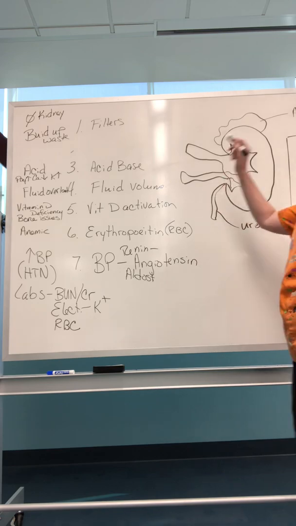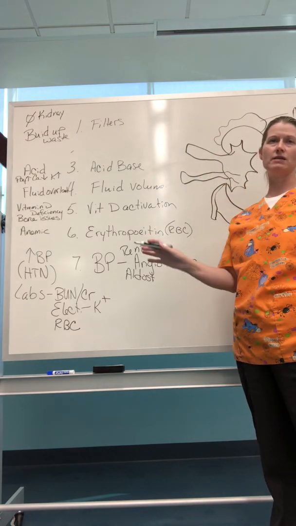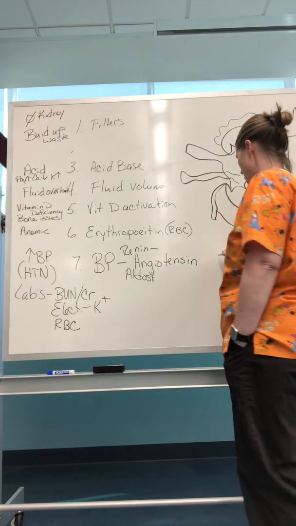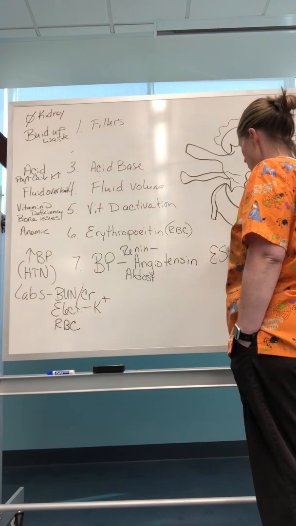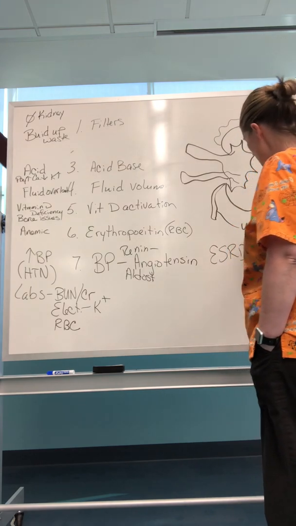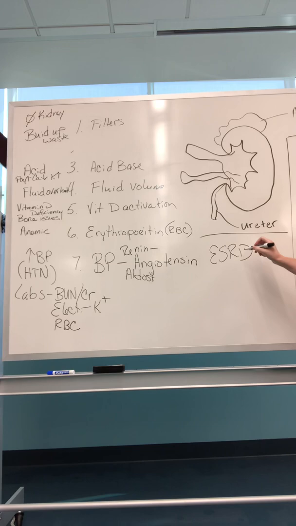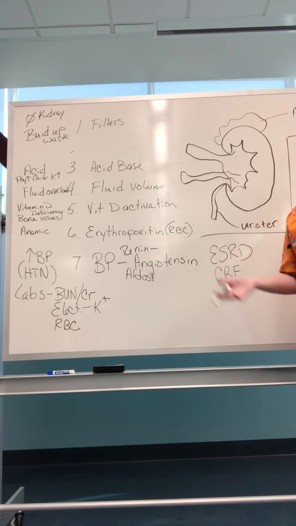So there are going to be drugs that every end-stage renal failure patient is on. You're going to see ESRD, end-stage renal disease. You're going to see chronic renal failure. We use them in practice interchangeably.